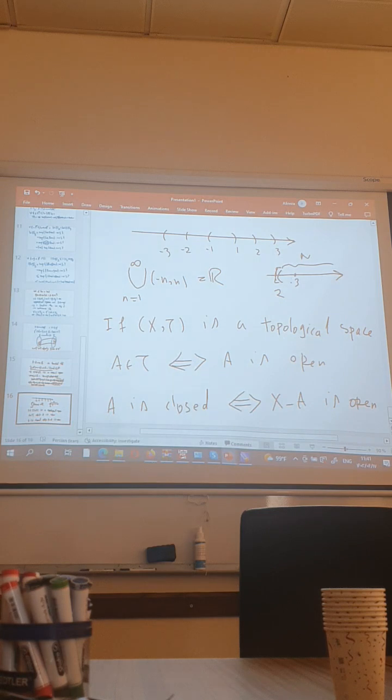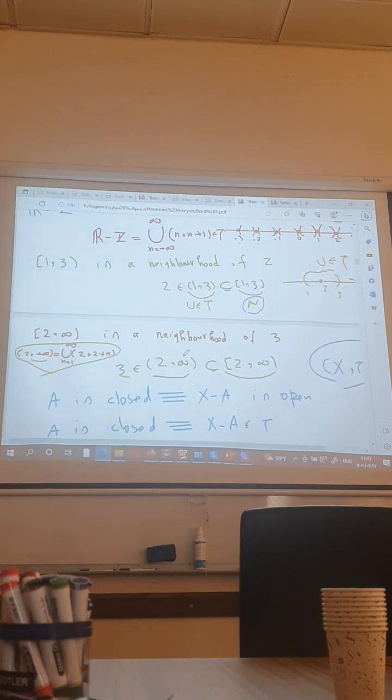Yes, 3 belongs to this open set, and this open set is a subset of our set N. So that this is our U, for example, and this is our set N. X belongs to U, a subset of N.